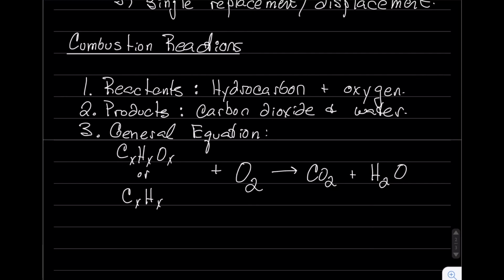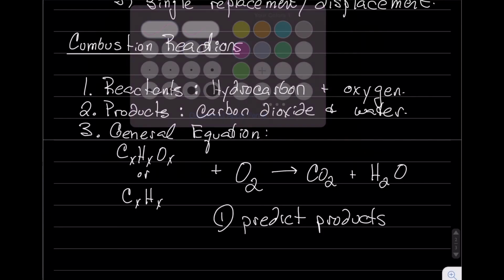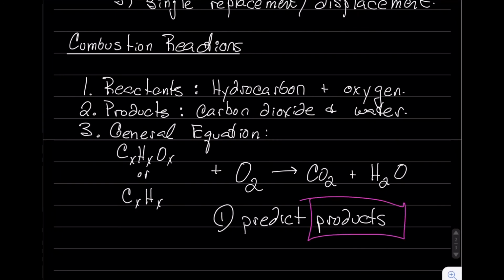Okay. So when you're completing combustion reactions, you need to first predict products, which is really easy because the products are this: carbon dioxide and water. And then the second thing you need to do is balance.